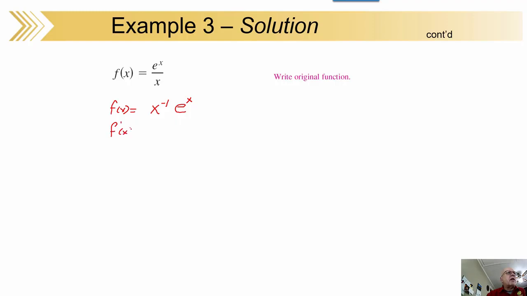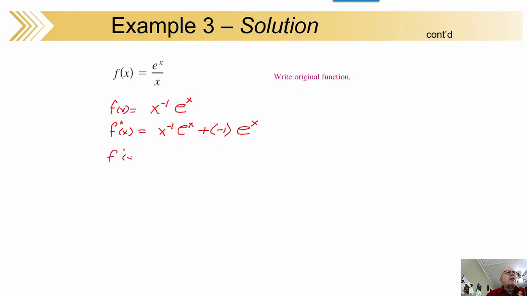The derivative. Use the product rule. X to the minus 1, and the derivative of the second one is just e to the x. Plus, and we reverse the roles, the derivative of the first one is a minus 1. And the derivative of the second one, of course, is e to the x.